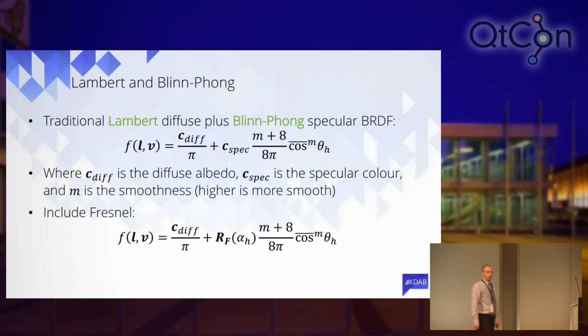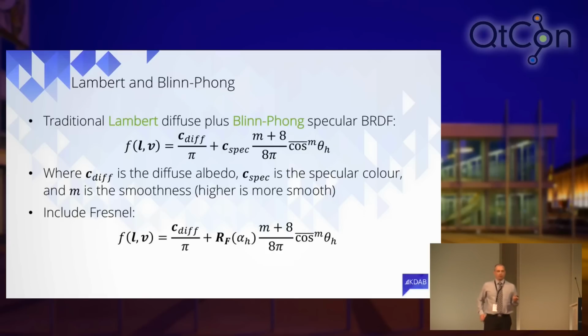So if we consider our traditional Blinn-Phong lighting model with a diffuse Lambert term, we might have a BRDF looking something like that top line there, where C diff and C spec are our reflectivity coefficients we're familiar with. Now, if we want to include the Fresnel term in this, so we can try to interpret this as an actual microfacet BRDF, then we can just replace C spec with our Fresnel term.